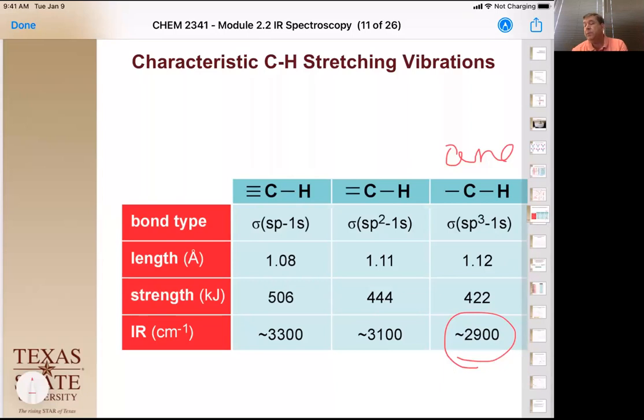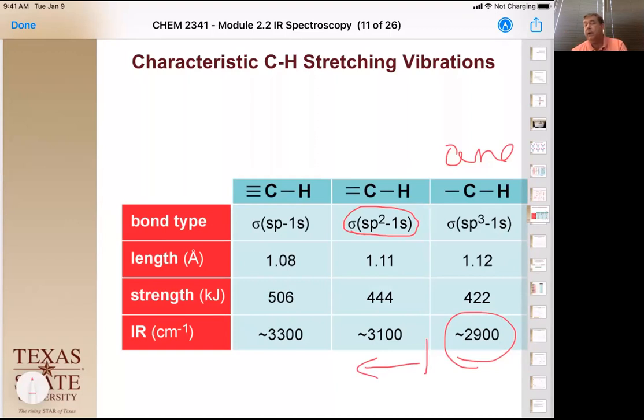When we go to our sp2 hybridized system here, we're 2/3 S, 1/3 P. That's giving us a shorter bond length and a higher bond strength, and that shifts our alkene hydrogens just above 3,000. So that's a great way to tell the difference between an alkane and an alkene, just in that 3,000 range.